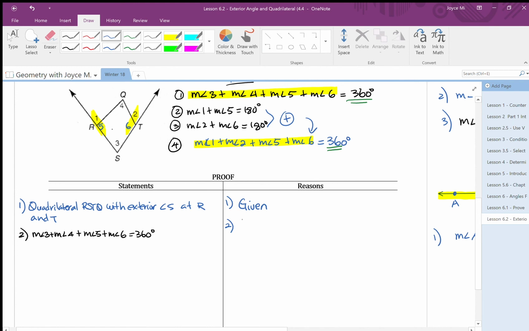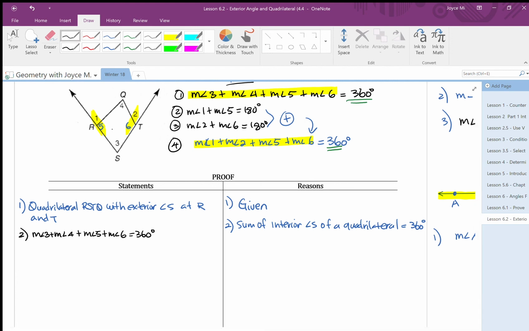So I can just write it: sum of interior angles of a quadrilateral equal to 360. Okay. Again, very specific. I'm talking about interior angles.